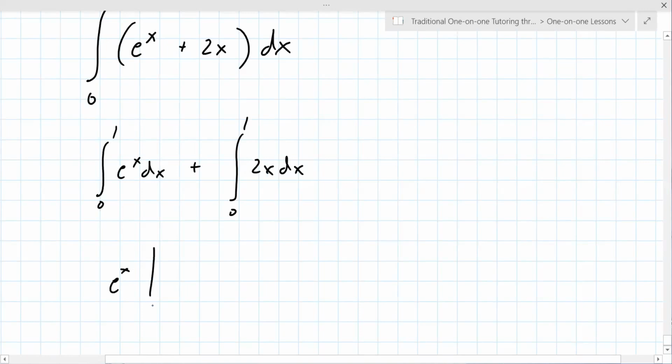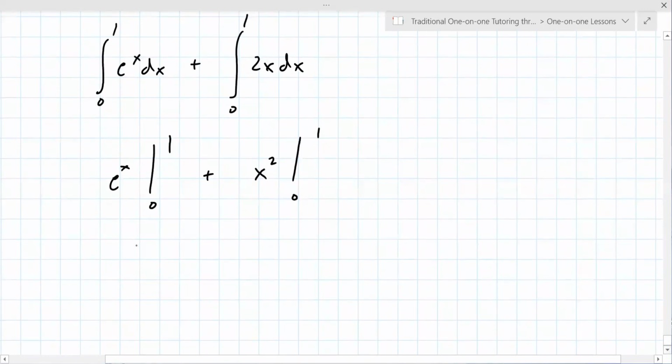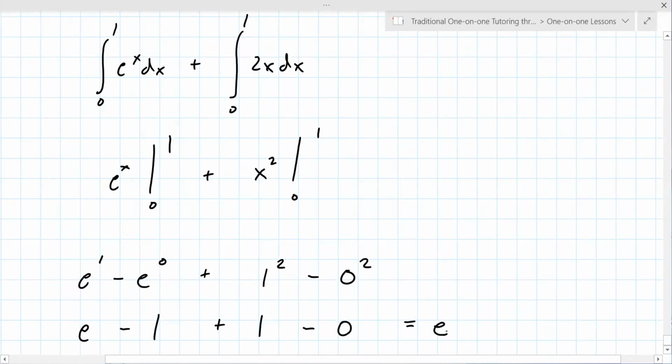So then it's e to the 1 minus e to the 0. Well, what's e to the 1? Just e. Oh, so e minus 1 plus 1, which is e. Cool.